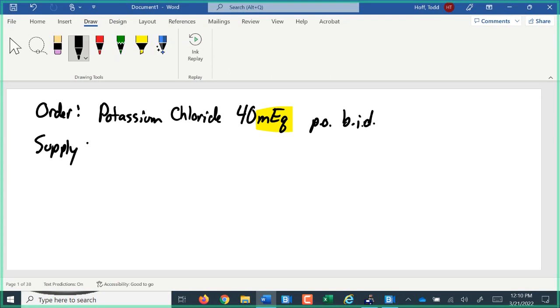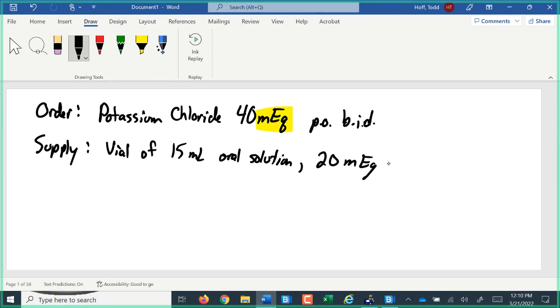Let's say the label on our supply says vial of 15 milliliters of oral solution. It is 20 milliequivalents per 15 milliliters.